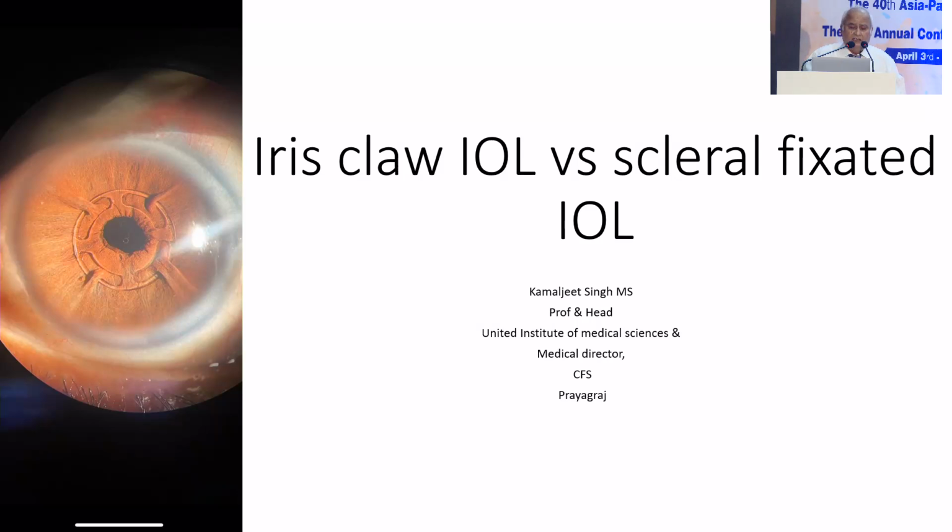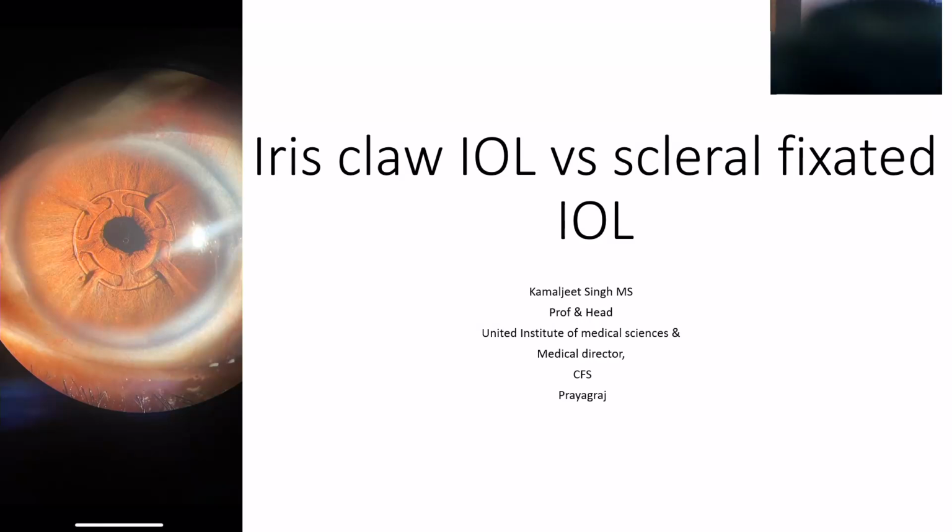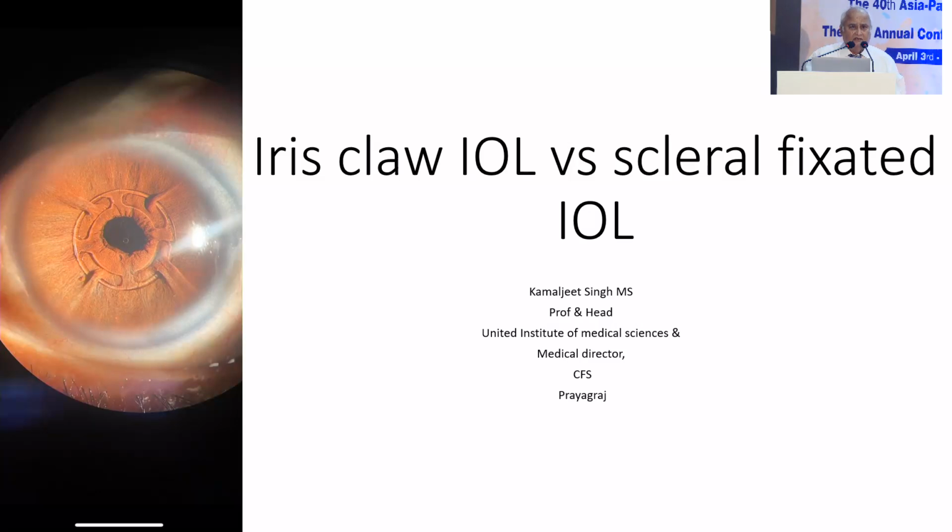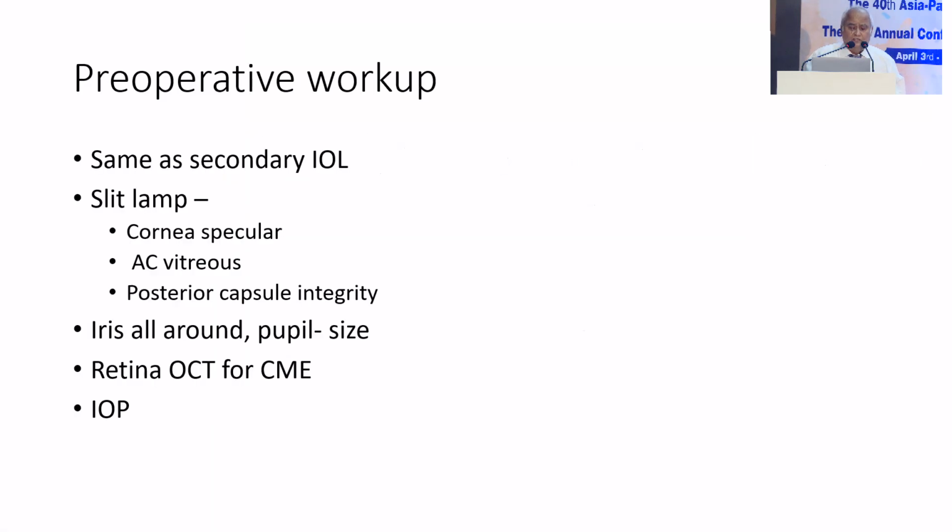Otherwise that at times leads to cystoid macular edema and many other complications; iris chafing, pigment release and all those things can occur. So he is these days doing this surgery on the anterior surface of the iris. Very soon you will find that this lens would be going onto the posterior surface, and iris fixated lenses would be there.